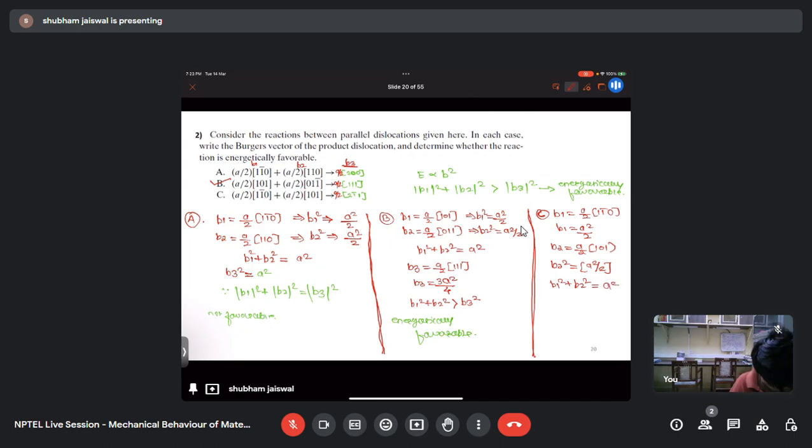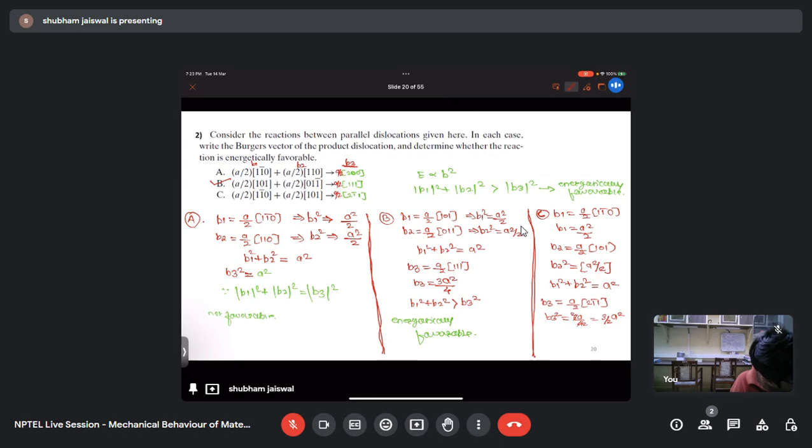Now do it for b3. b3 is a by 2, 2, 1 bar, 1, and b3 square is 6a square by 4, that is 3 by 2 a square.